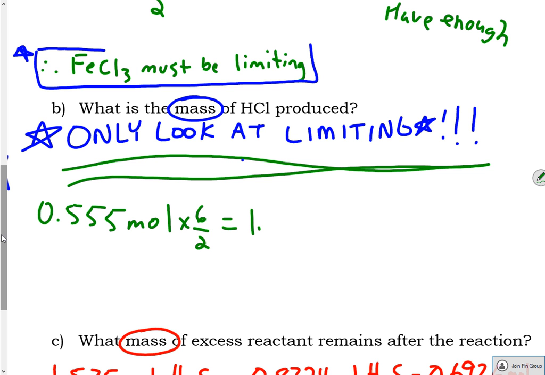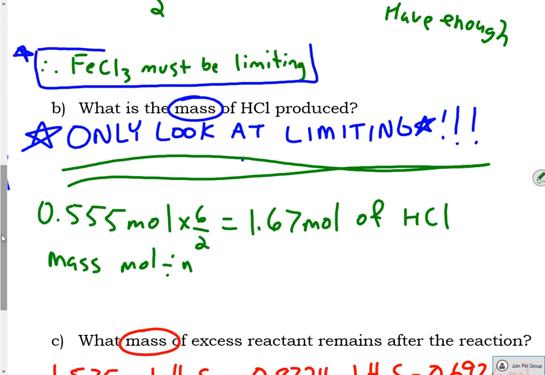I'm going to get 1.67 moles of HCl. So now I just convert that into a mass. Now mass just equals moles times your molar mass. So I just take that, times them together.